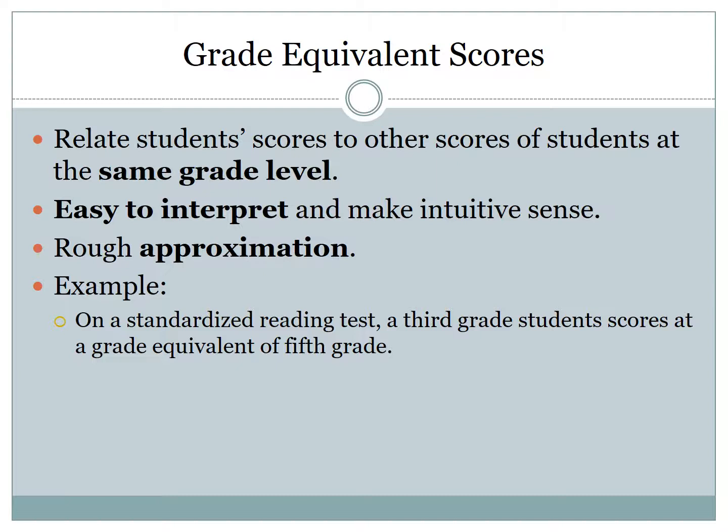For example, you might have a situation on a standardized reading test where a third grade student scores at a grade equivalent of fifth grade. That means that third grade student is reading where most fifth grade students would be reading. Sometimes they even add decimal points to the grade equivalent scores. So 5.3, for example, would usually mean the third month of fifth grade.